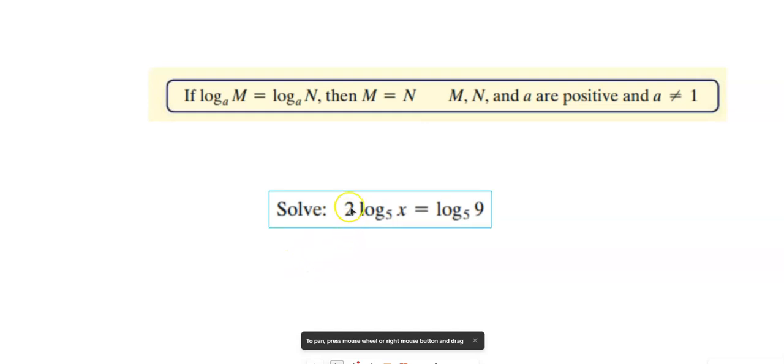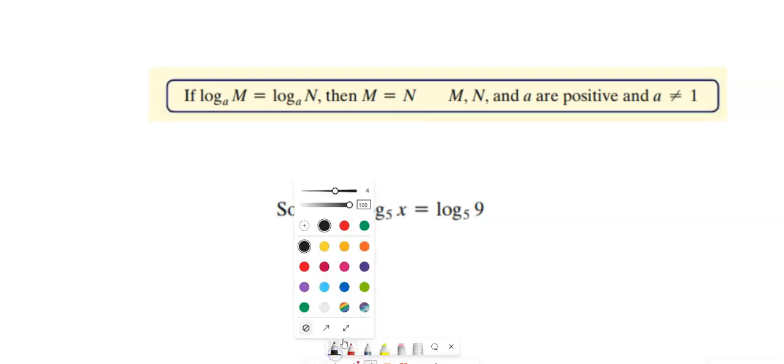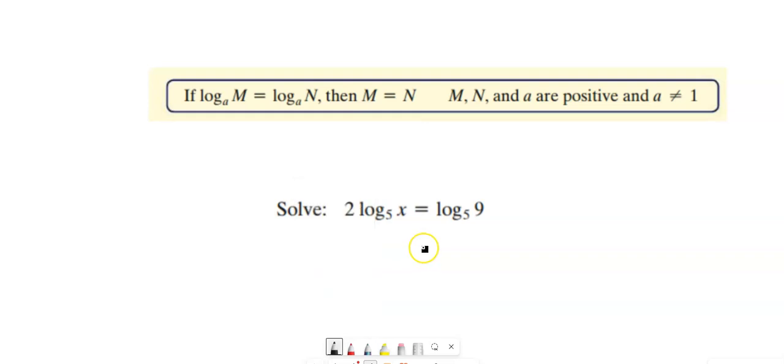We can take this 2 and bring it into the argument as an exponent. So we're going to have log base 5 of x squared is equal to log base 5 of 9.